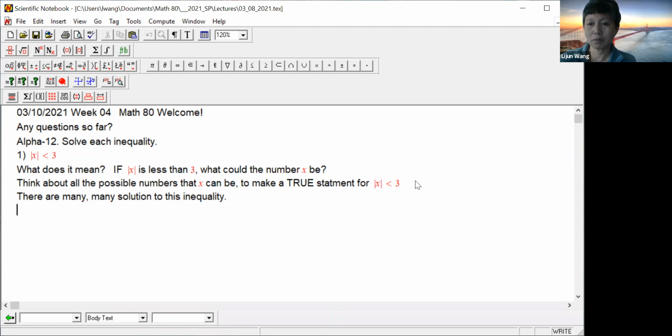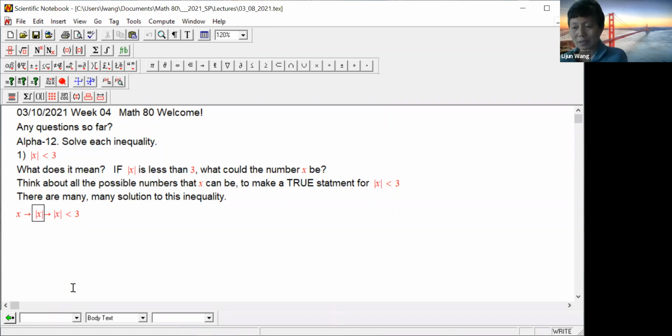It's the function perspective because we know that the absolute value of x is a rule. This rule takes an input, which of course is x, and produces an output. And of course, we want the output to be less than 3.